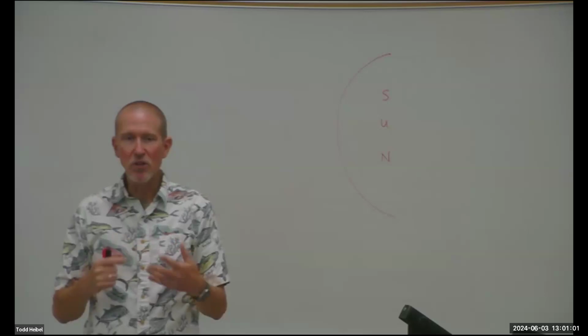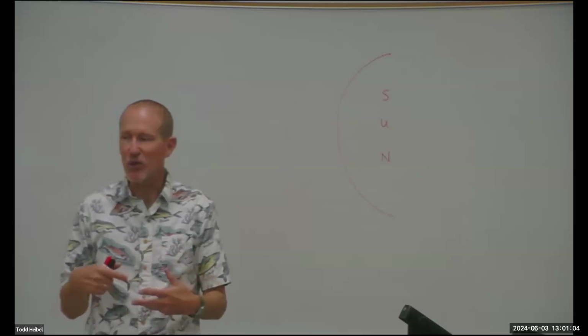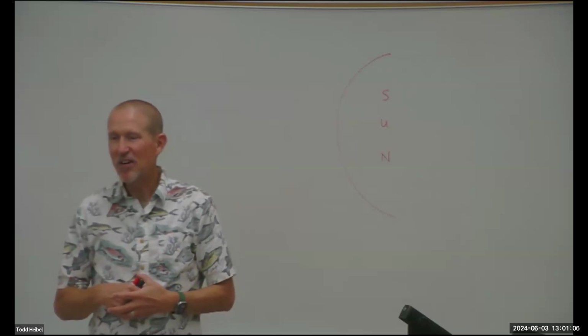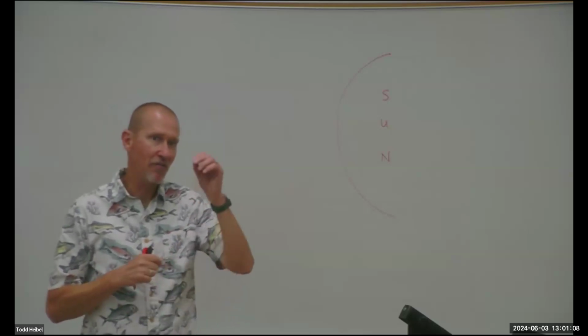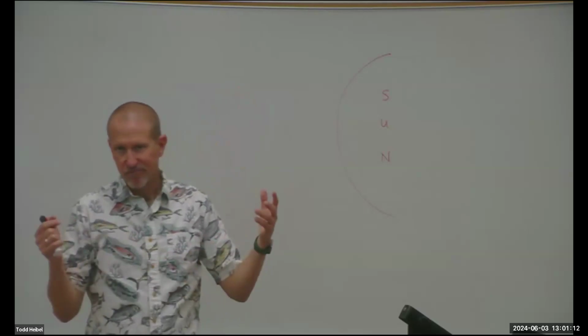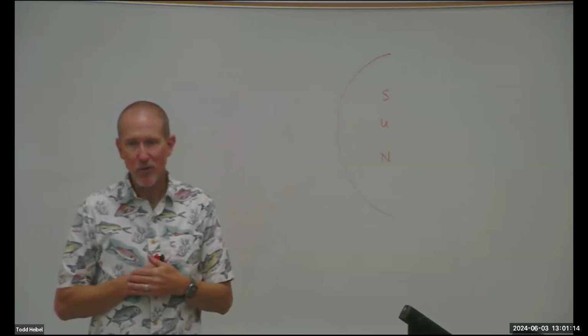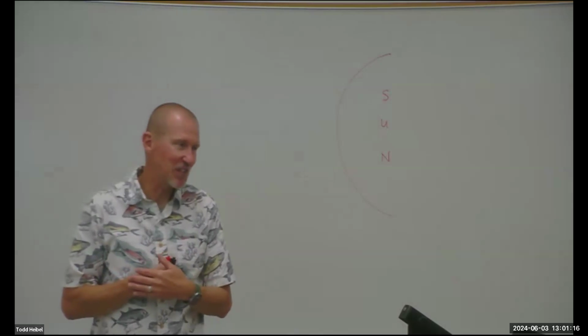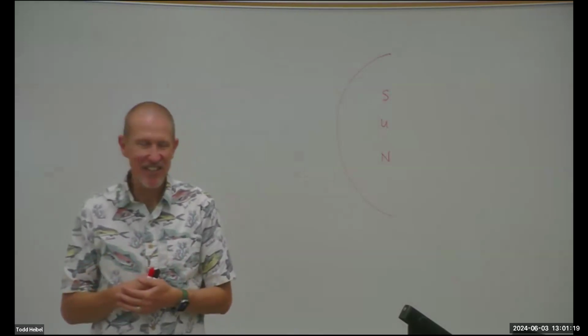So when you look at the night sky, it's almost like a fossil night sky. We are seeing the night sky, depending on how distant that star is, as it looked hundreds, thousands, tens of thousands of years ago. Isn't that kind of a trippy thing? So think about it.